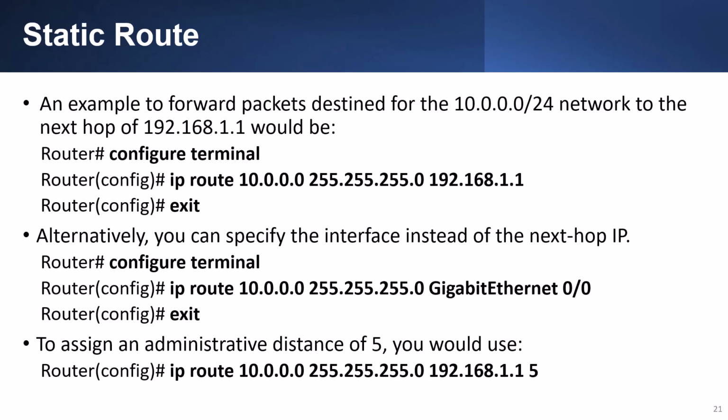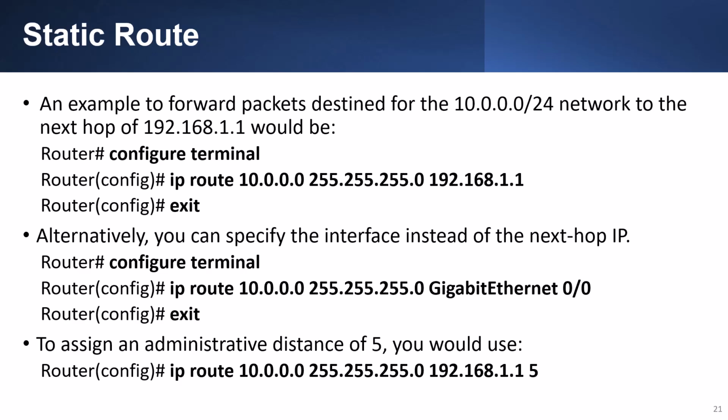An example to forward packets destined for the 10.0.0.0/24 network to the next hop of 192.168.1.1 would be: configure terminal, IP route 10.0.0.0 255.255.255.0 192.168.1.1, and then exit.